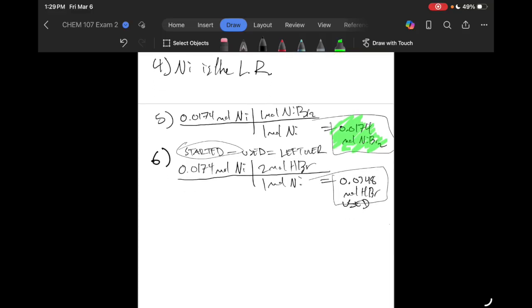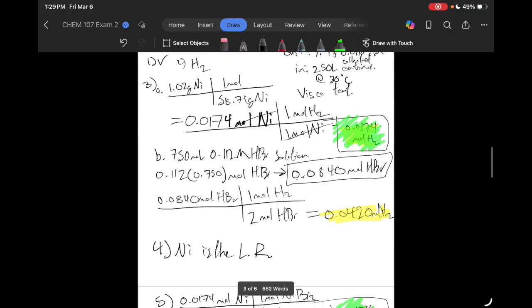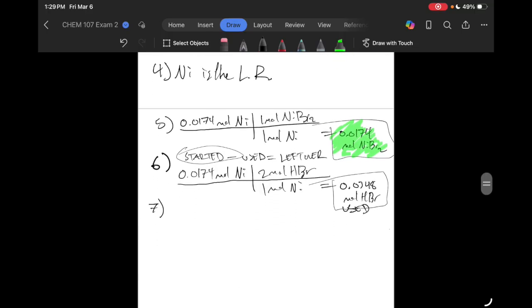So this is going to be our used portion of the formula. If you recall, started minus used equals leftover, so that's step 7. How much did we start with? Well, we found this earlier when we converted the solution into moles. We started with 0.0840 moles of HBr, minus the amount that we used. So we used 0.0348 moles of HBr.